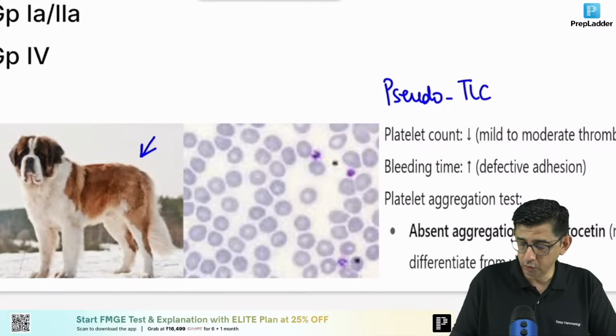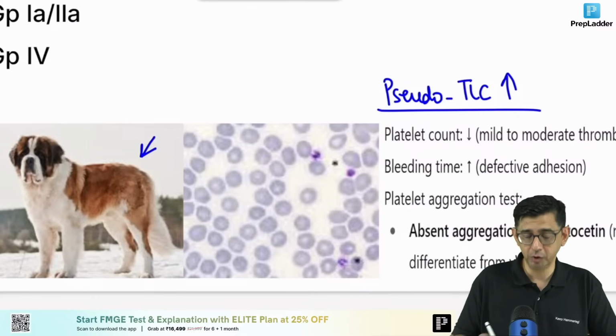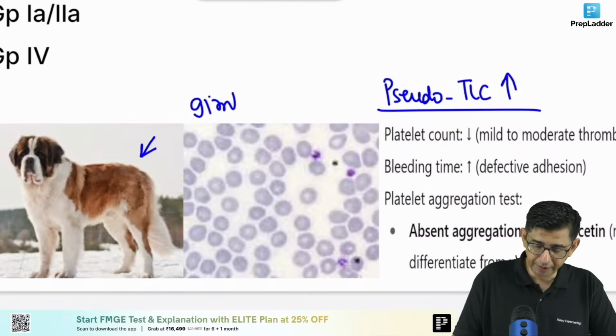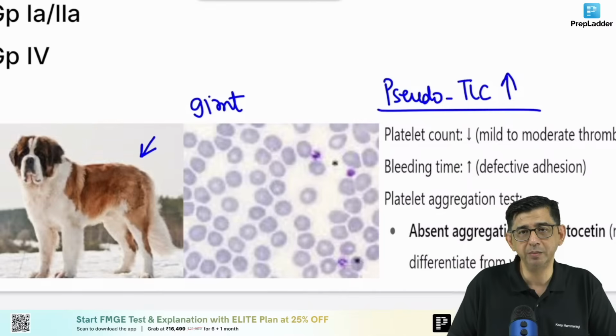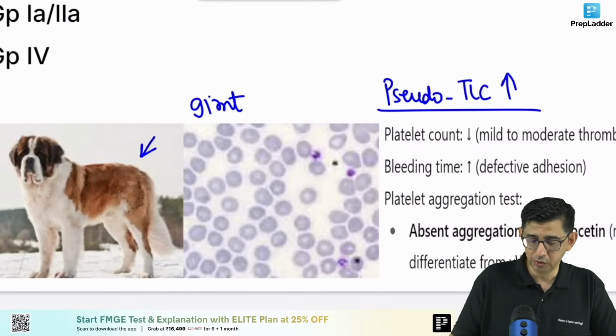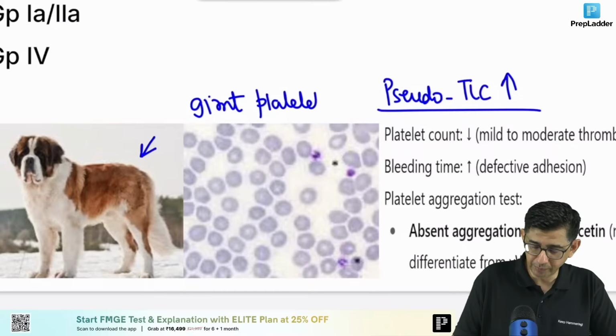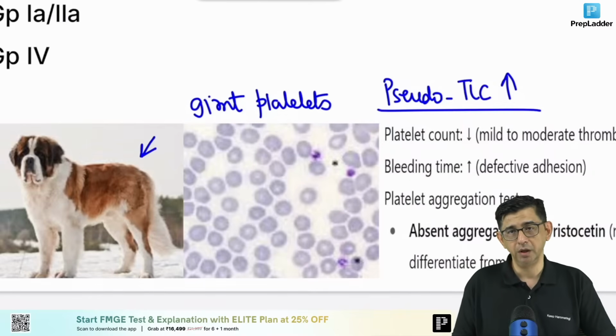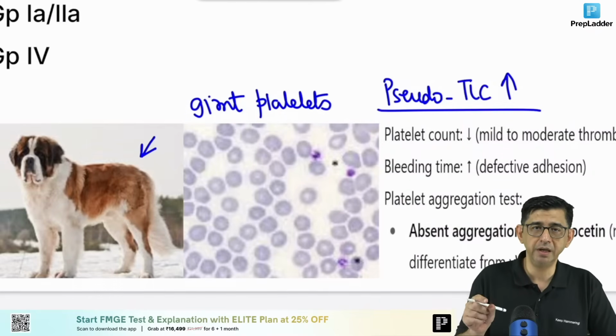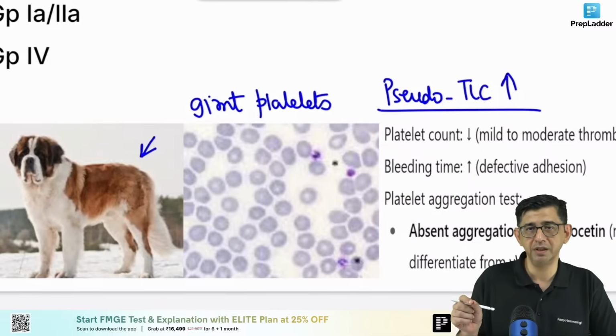The total leukocyte count of this patient can be increased because, as I said, the Bernard name tells you the Saint Bernard is a big dog. So it's going to be giant platelets, and these giant platelets can be misread by the Coulter. Coulter is that machine that basically analyzes the platelets and the white blood cells based on their size.